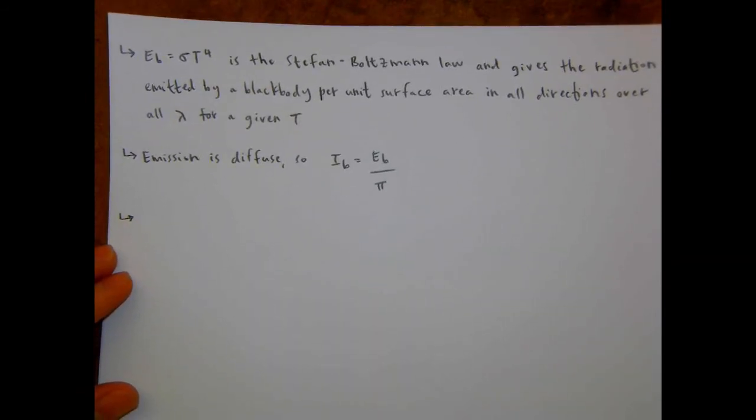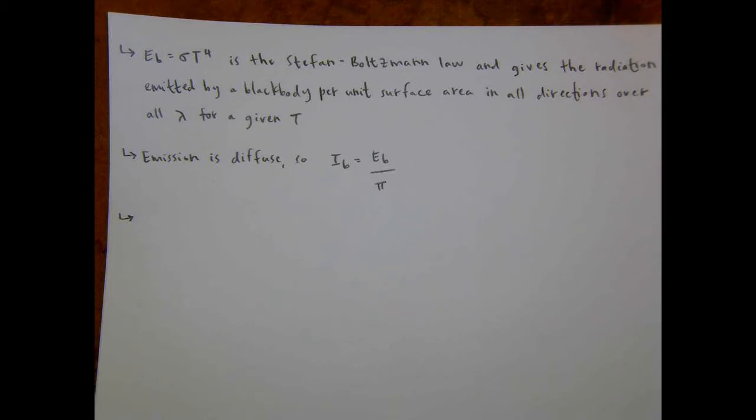So black body radiation is well characterized, and like we said, it's diffuse, but it does emit radiation over a range of wavelengths. And you can calculate the fraction of total emission that is within a certain wavelength band, which is sometimes useful to be able to do, as the fraction between wavelength 0 and lambda sub 2, the end of the band you're interested in, minus the fraction between 0 and lambda sub 1, the beginning of the band.